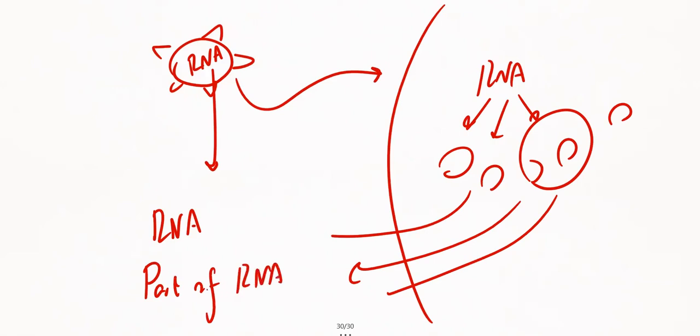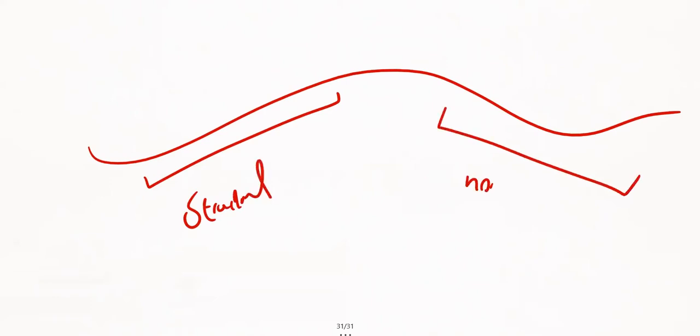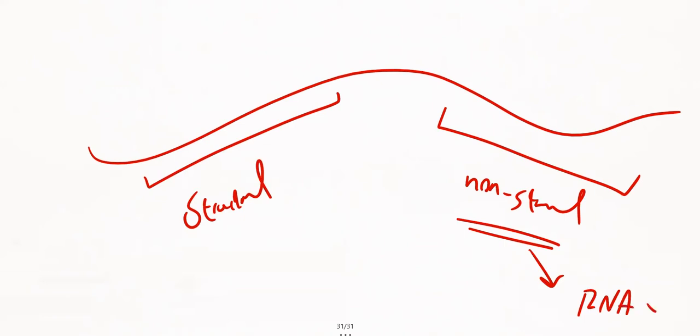Which part? As I said before, the RNA of the coronavirus contains regions for structural proteins and non-structural. And the non-structural proteins are very important because they allow to replicate the RNA, and also they contain the spikes.